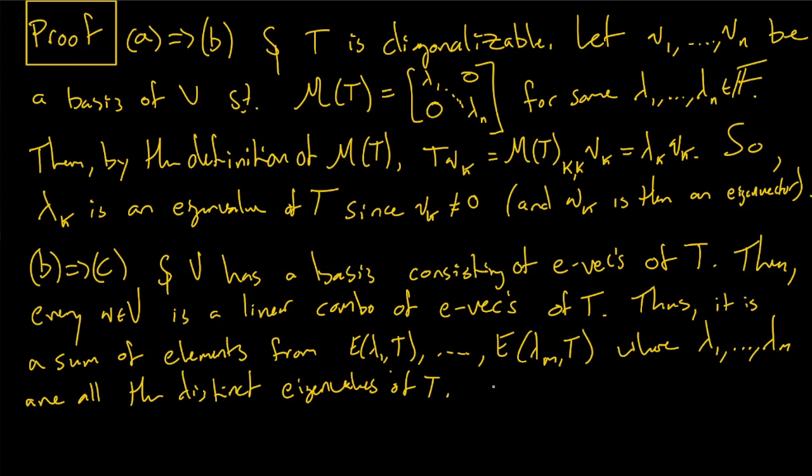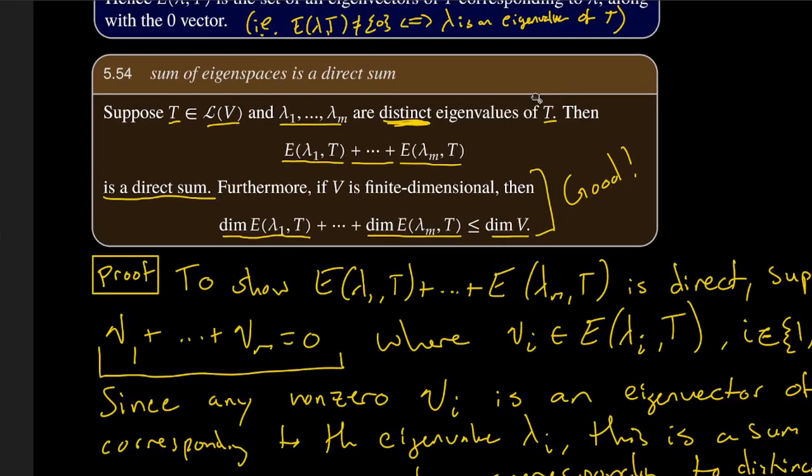Cool. Now, this lets us say that V is equal to E lambda 1 T plus dot, dot, dot, all the way down through E lambda m T. But wait a second. Didn't we just show that the sum of eigenspaces corresponding to distinct eigenvalues of T is a direct sum?